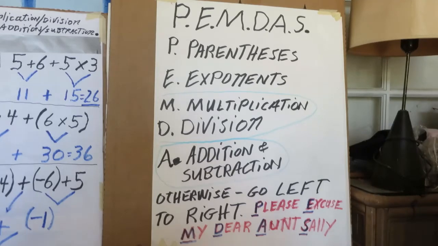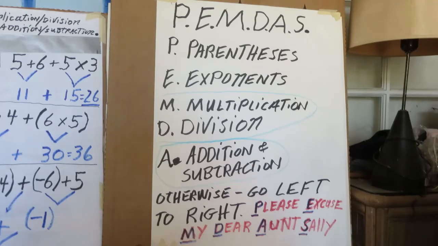So if there's a division before a multiplication, you can do the division first. But the next step is multiplication, division. Think of that as one. And then when you finish the multiplication and division, then you can do addition and subtraction. And so there's a mnemonic device written at the bottom that people have used for years.